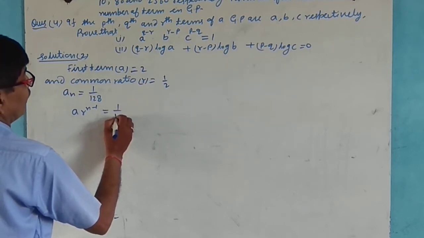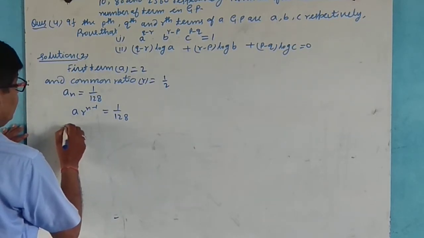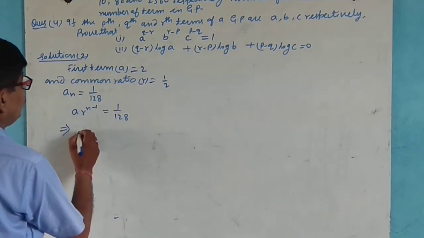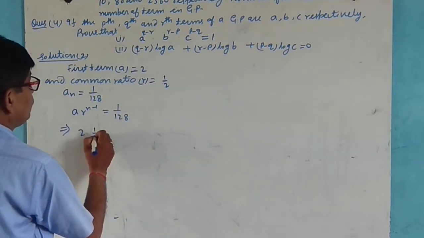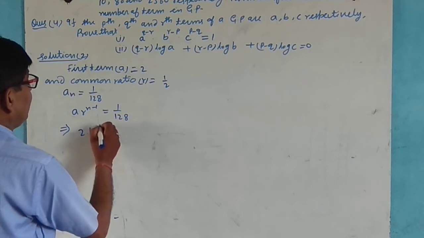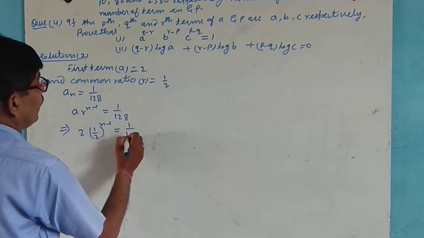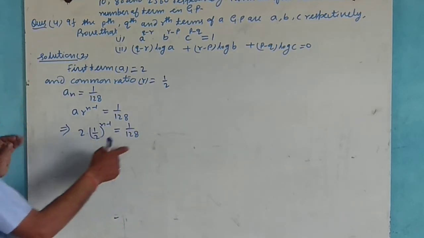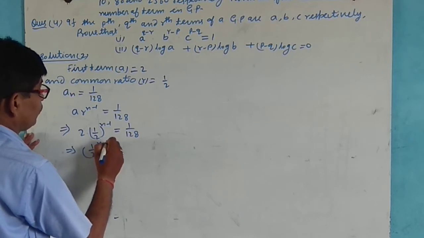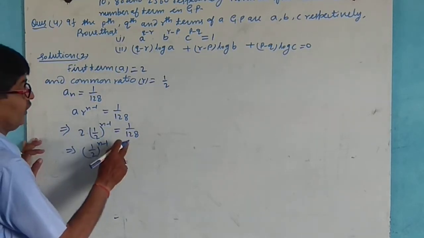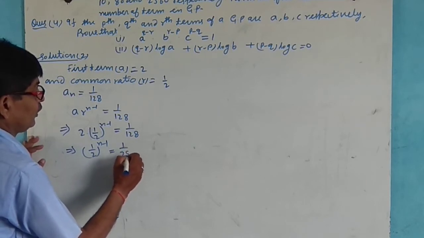Equal to 1 by 128. Here a equals 2 into r equals 1 by 2 to the power n minus 1 equals 1 by 128. This gives 1 by 2 to the power n minus 1 equals 1 by 256.